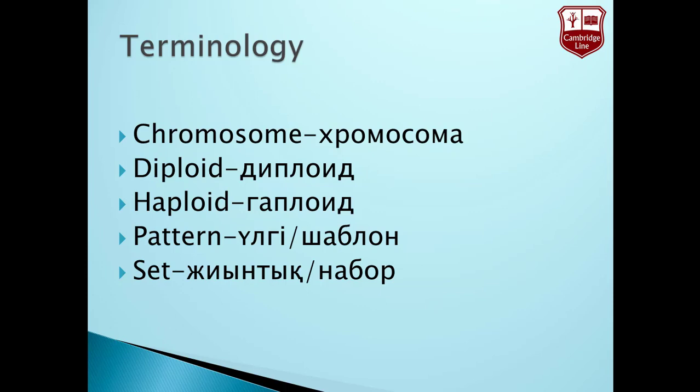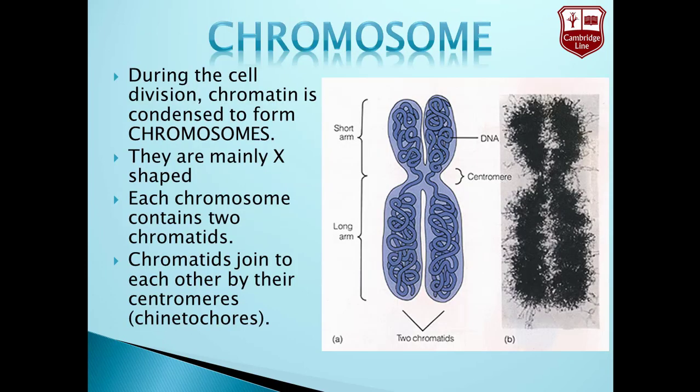In this lesson you will learn about chromosome, diploid, haploid, pattern, and set. So let's learn what a chromosome is. You see it from this picture and this picture from under the microscope. The chromosome is a packaged form of DNA molecule that contains the genes.